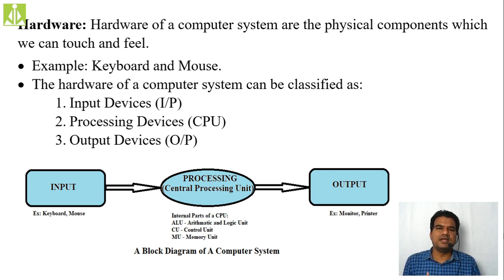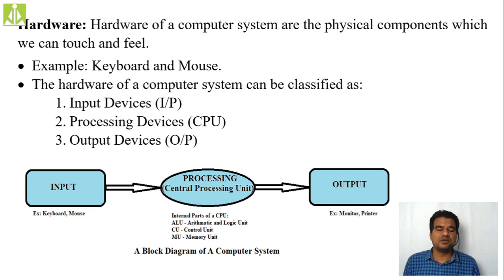It is the control unit, the memory unit, and the arithmetic logic unit of your computer. The ALU will do the arithmetic operations, that is adding two numbers, subtracting, all the arithmetic operations. Logical means comparison between the numbers. So your ALU will perform two types of operations: arithmetic operations as well as logical operations.